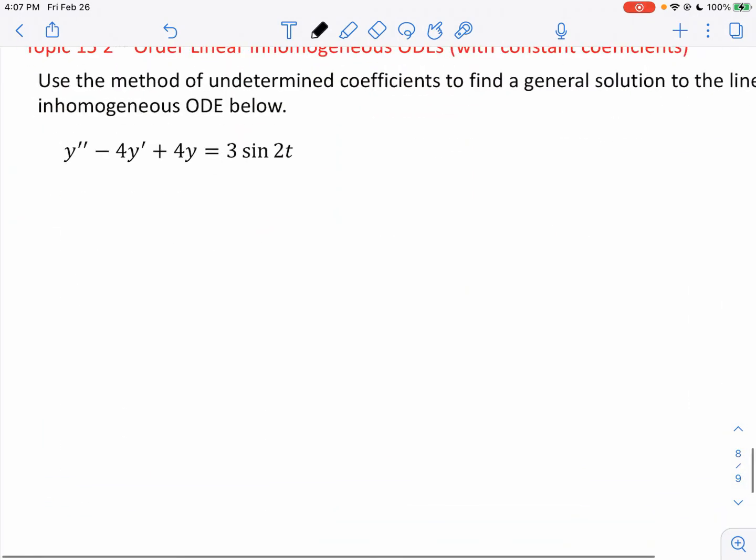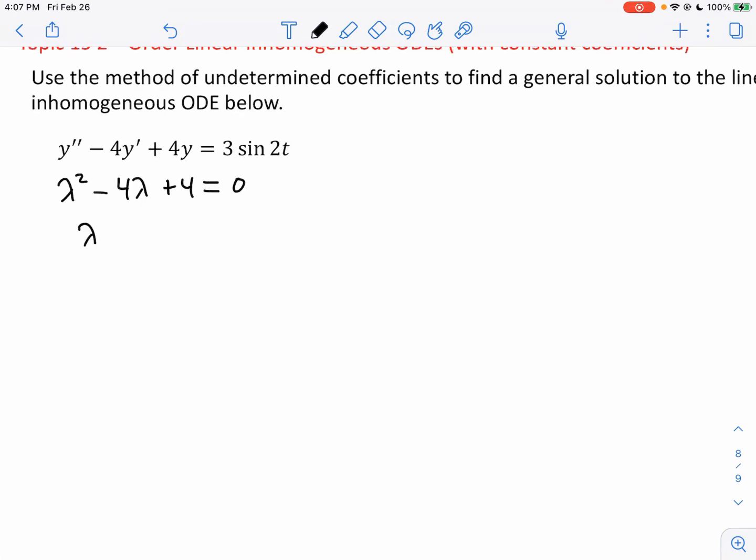All right, this one. Y double prime minus 4, let's get our lambdas first. Lambda squared minus 4 lambda plus 4 is equal to 0. This factors: lambda minus 2 times lambda minus 2. All right, so we get lambda is equal to 2 and 2. Now our forcing function is sine 2t.